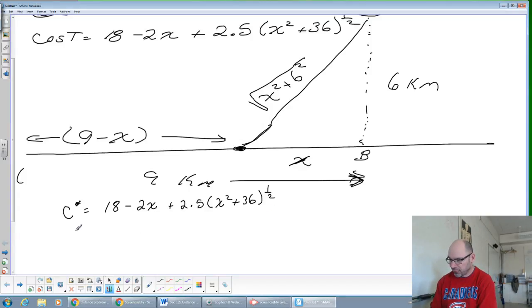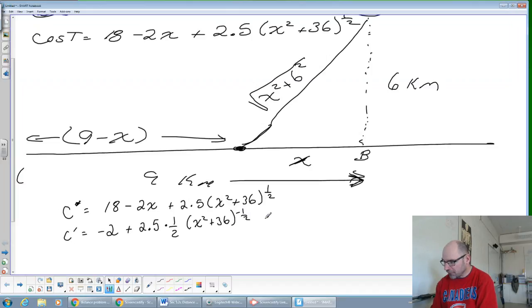The derivative of 18 is 0. And the derivative of this will be negative 2. Plus 2.5 times 1/2 times x squared plus 36 to the power of negative 1/2. And the derivative of that inside is 2x. So we've got our derivative there.